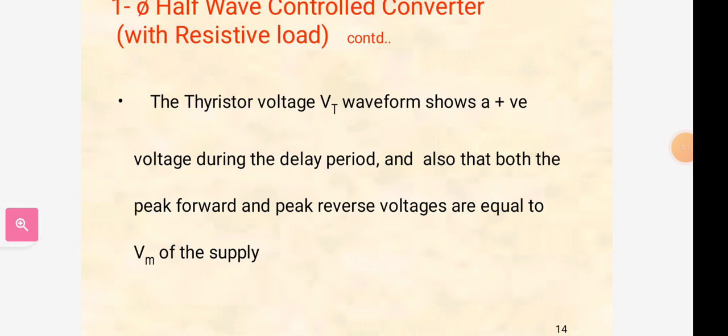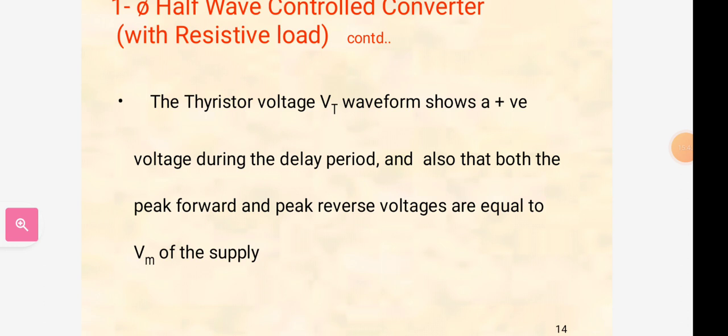If the firing angle alpha is increased from 0 to pi, the average load voltage decreases from a large value to 0. The load current I naught is in phase with the load voltage V naught because the load is resistive.